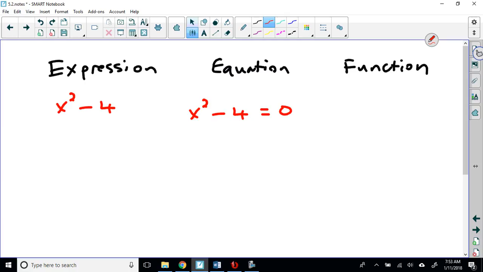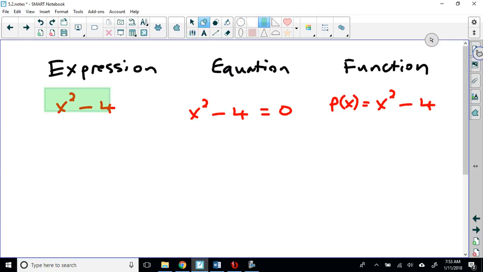And you probably get the idea that this part's going to be in all of these. So if I take this x squared minus 4 again and I want to make it a function, I would write p of x equals. Or instead of p of x, maybe like y equals. Maybe like f of x equals. But the thing is, I do expect that you know the difference between an expression, an equation, and a function, because there are differences as to what you can do with them.